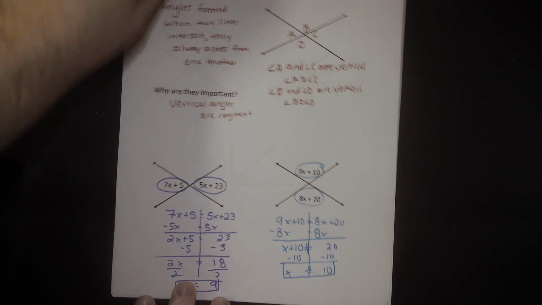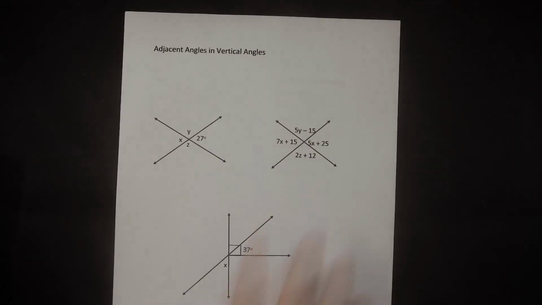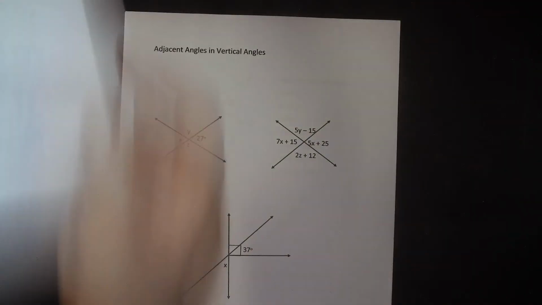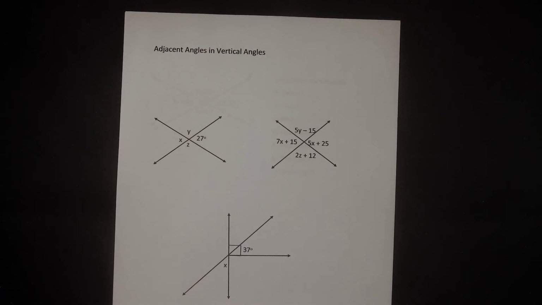What gets a little bit tough is when you realize that when you have vertical angles, you don't necessarily have just that relationship there. Because not only do you have vertical angles that are across from each other, but you also have angles that are directly next to each other, which we call adjacent angles.